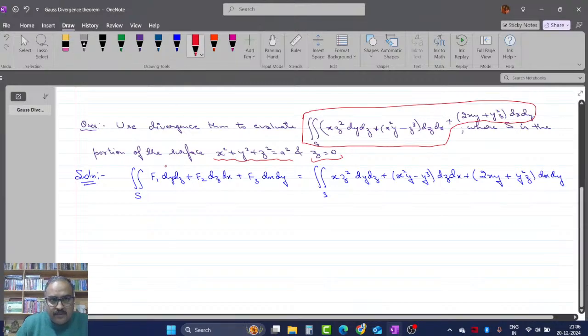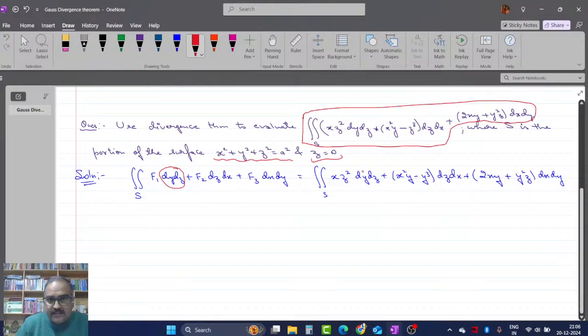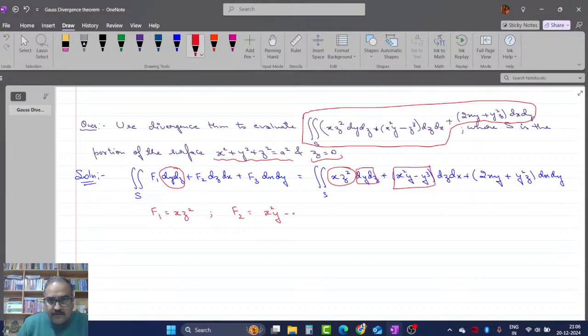Now if I compare, the coefficient of dy dz is f1, so f1 is x z square. Similarly f2 will be x square y minus y cube, and the third one will be your f3, f3 will be 2xy plus y square z. So this is basically the value of f1, f2, f3.